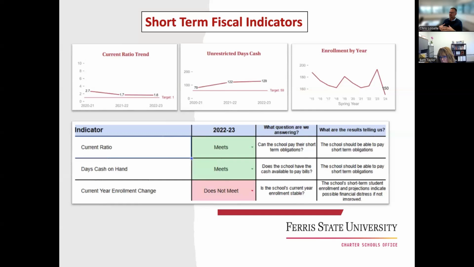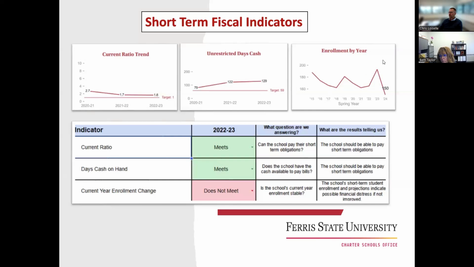We'd like to see, on a fiscally healthy note, 60 days of available cash on hand to pay for payroll and other costs that you incur on a month-to-month basis. Having 60 days of available cash on hand is a good rule of thumb. This school has 129 available days cash on hand, which is very healthy. So these two current trends appear to be very good.